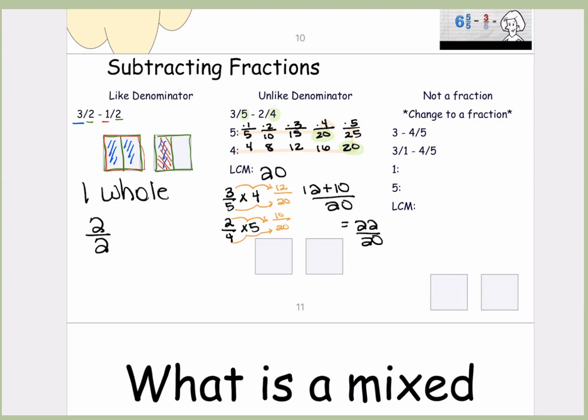And we have seen this before. We can subtract that 20 to give us 1 whole and 2 over 20 that we simplify down to 1 and 1/10.